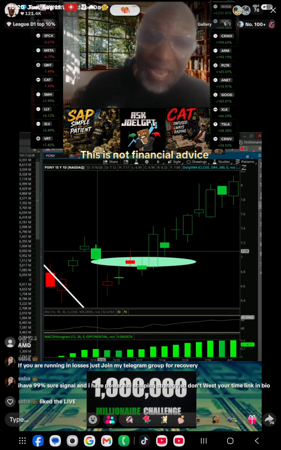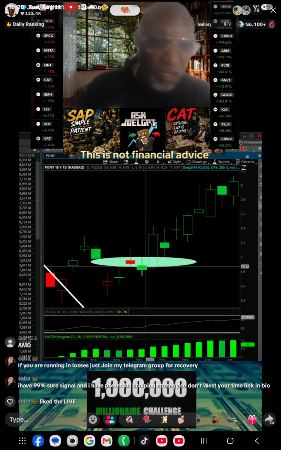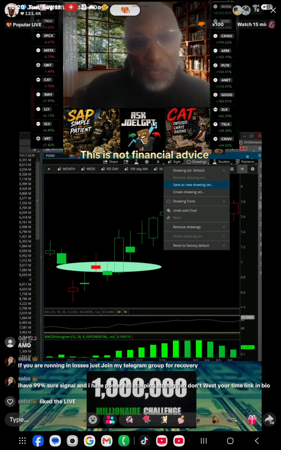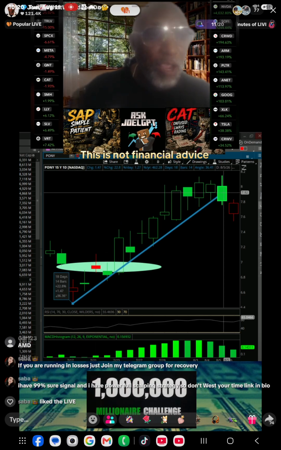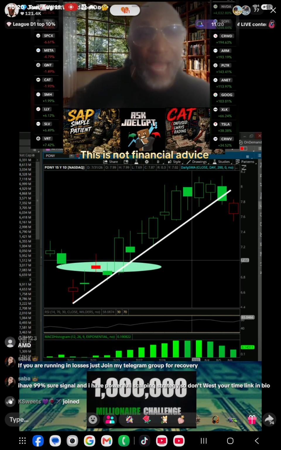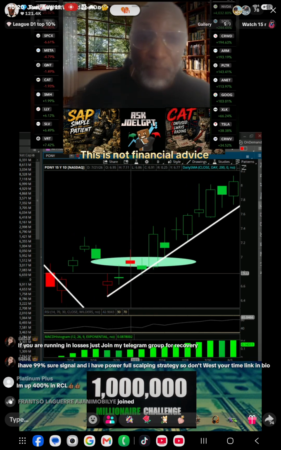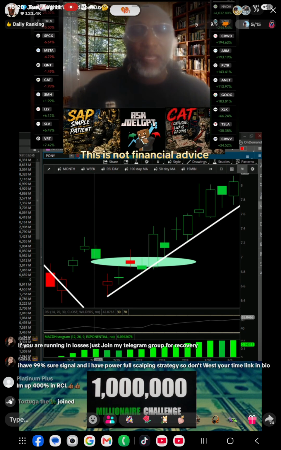If it had gapped down like this, Joel would have been out right here at this green area. Even though it kept going higher, that move would have scared me. I would have got out and said, next time it has to go in my direction immediately. If I luck up and it gets back to the price that I bought it at, I'm getting out immediately. I'll try it again later.